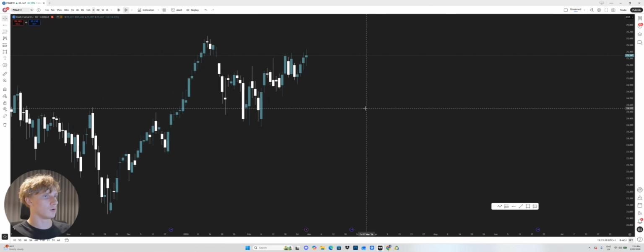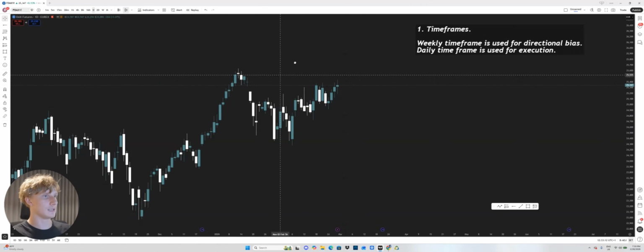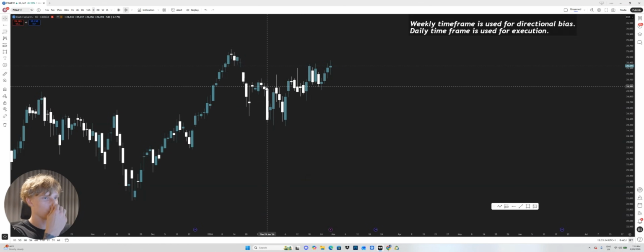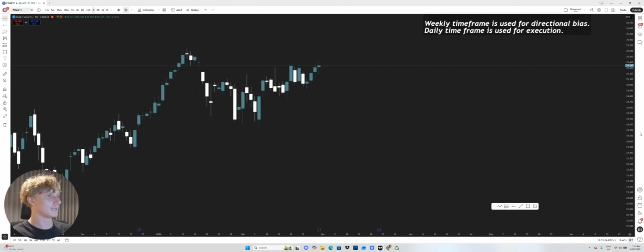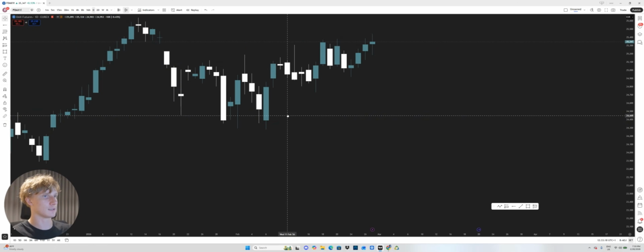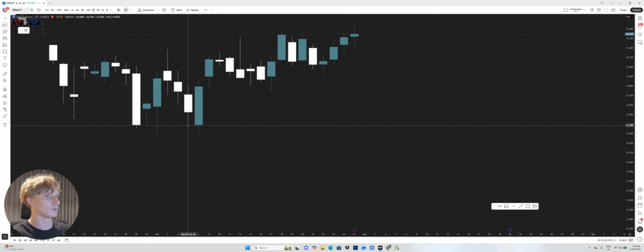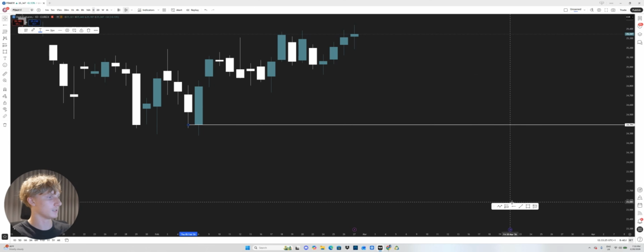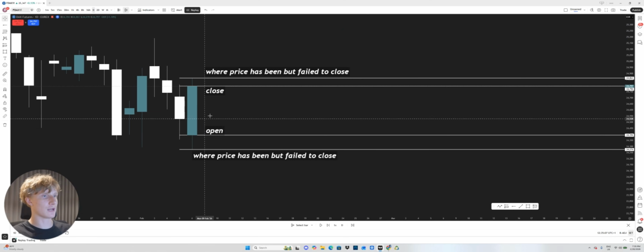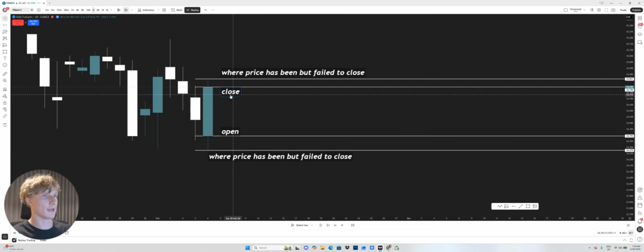Understanding the anatomy of a candle is really, really important. We essentially have two things we are looking at. Firstly, we have the actual candle body, which I'll mark out just like this. The candle body, excluding the wicks, which are these lines, shows us the open and close for this specific time period.